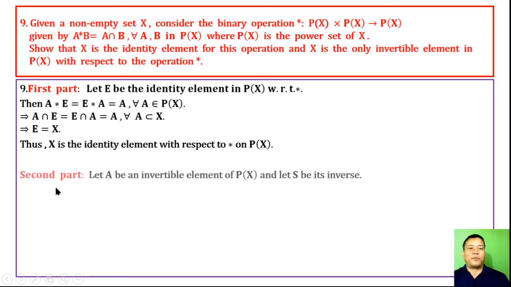Second part. Let A be an invertible element of P(X). Let S be its inverse.